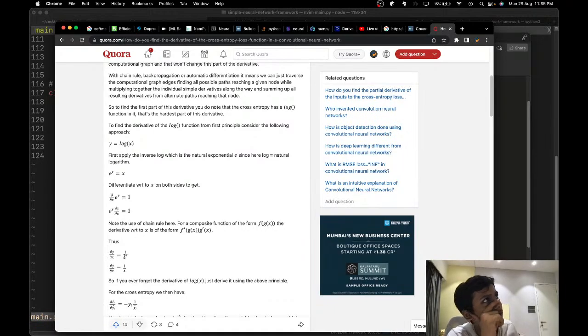If I have the log of x, the derivative of log of x is 1 over x, right? I think it's 1 over x. I'm not sure, but let's do 1 over x.